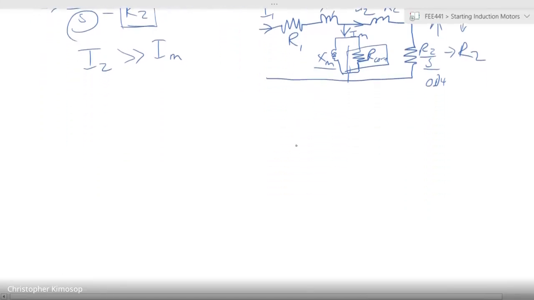Now, at this particular point, we have a starting torque.